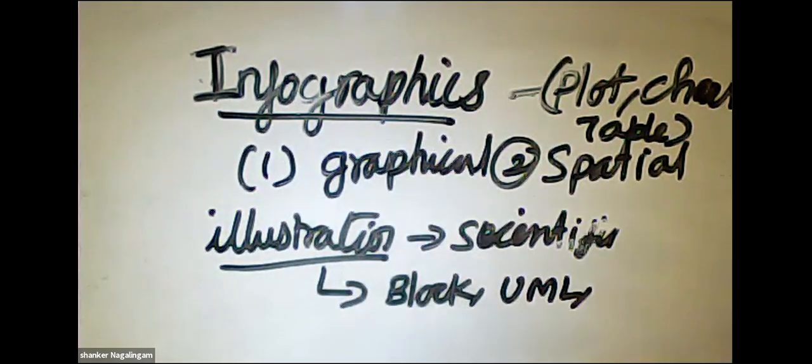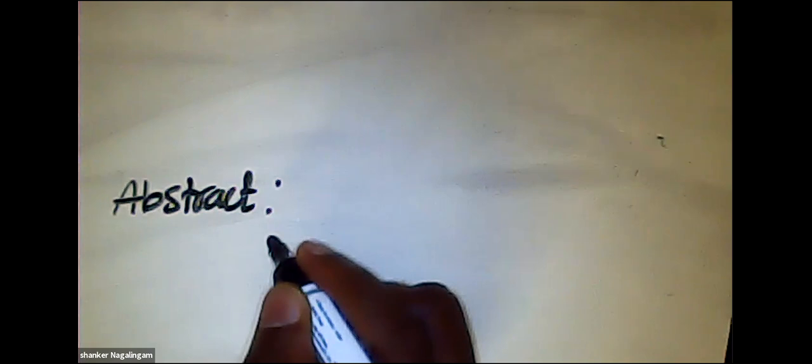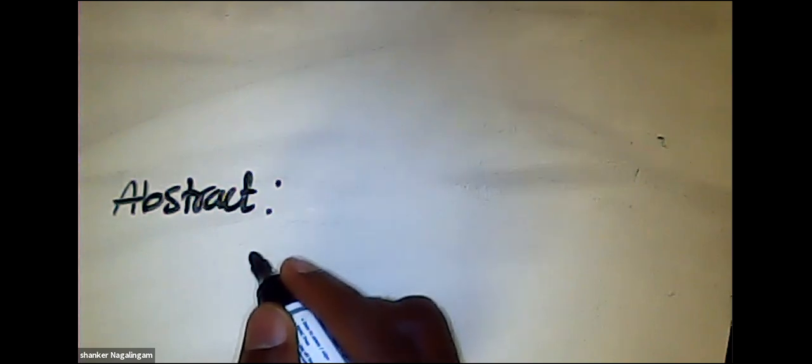Okay. Now, the next thing the reviewer will see is the way you write your abstract. When you talk about abstract, they will see whether you have followed the format of abstracting. It means that there is a style for writing an abstract.